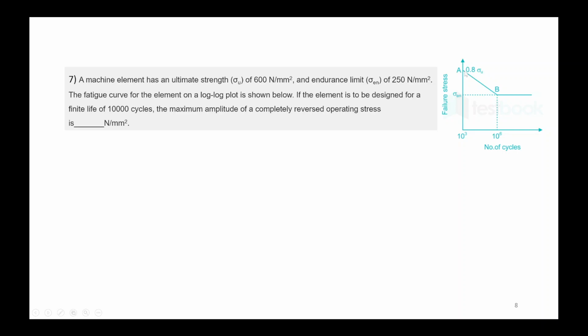If the element is to be designed for a finite life of 10,000 cycles, the maximum amplitude of a completely reversed operating stress is blank MPa.